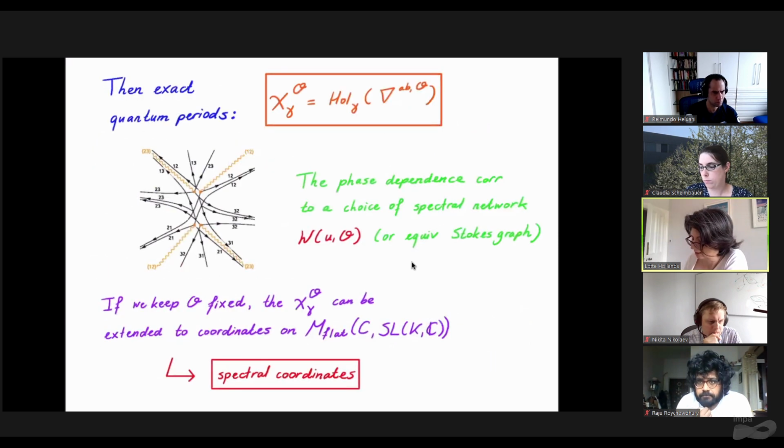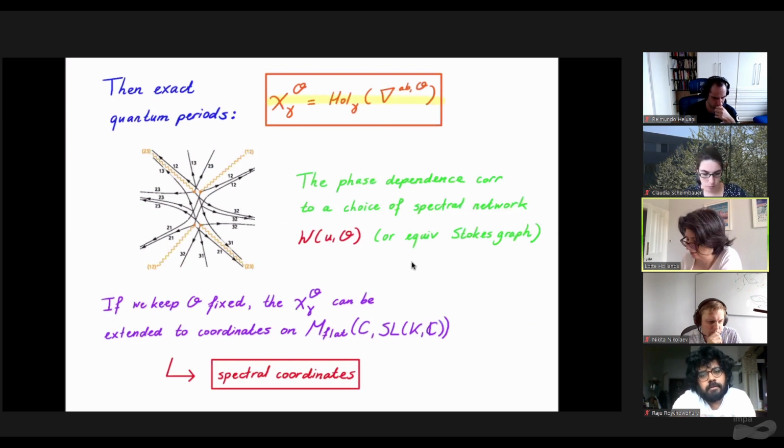And then these exact quantum periods, which play such an important role in the exact WKB method, will just be equal to the holonomies of this C star connection on sigma.